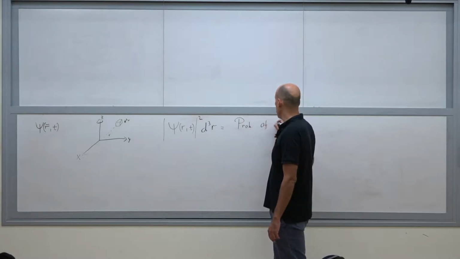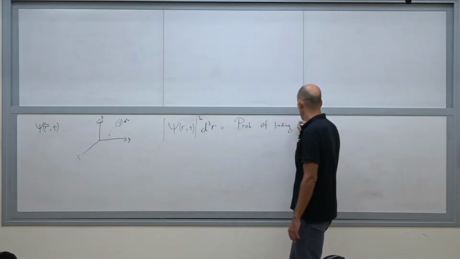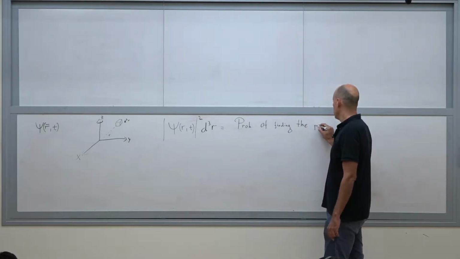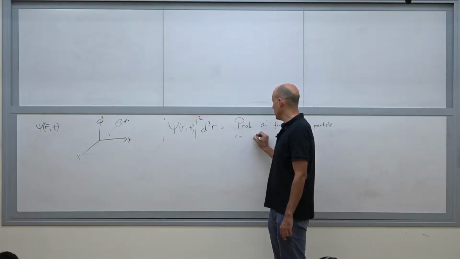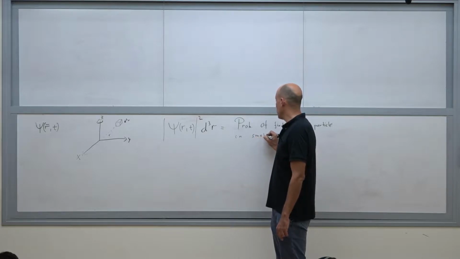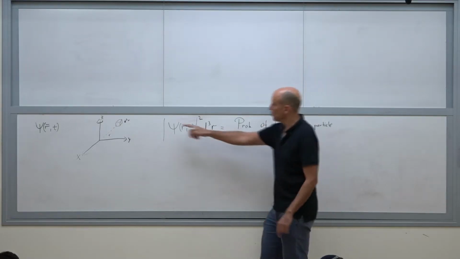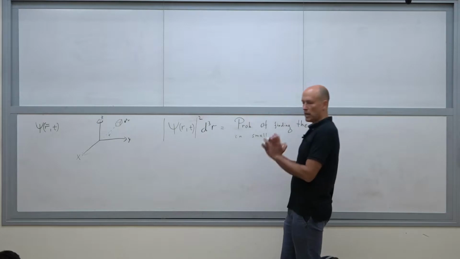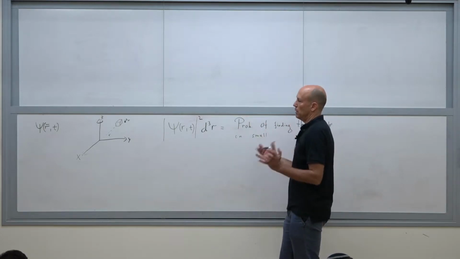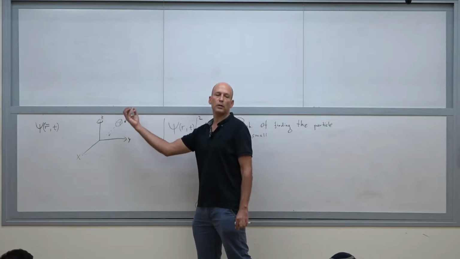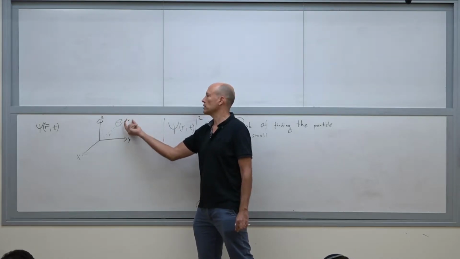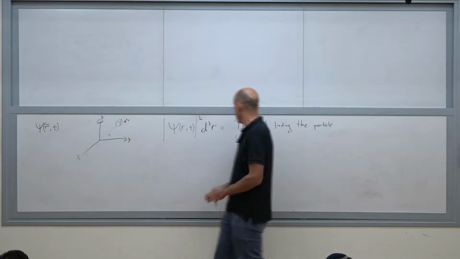of finding the particle in a small element. Small element means in a small box. This small box that I built, we think about its size as infinitesimal, but in practice, let us build this as a finite size thing.